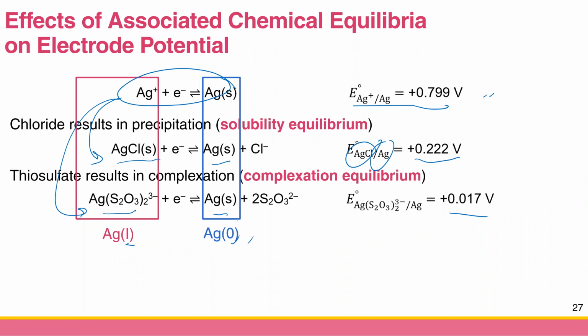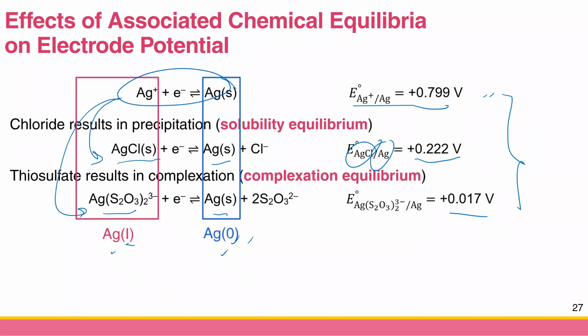So they are in the same oxidation state. For the third reaction, silver thiosulfate, the oxidation number of the silver is also +1, and the product is also silver solid. So all these three reactions have the same oxidation number for silver in the reactant and in the product. So the Nernst equations of these three reactions are related to each other.